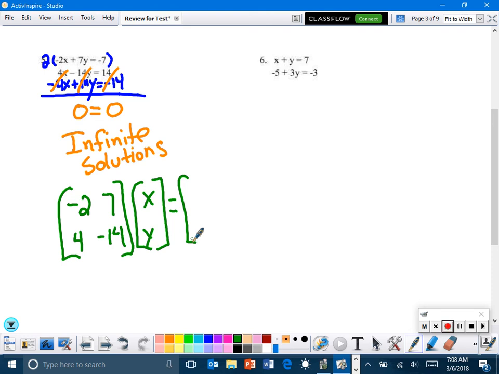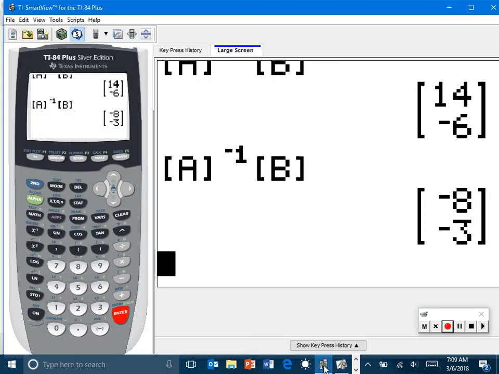All right, whoops, let's see, negative 7, 14. All right, sorry about that. I had to pause a little bit. All right, I'm going to put this into the calculator and let's see what happens.